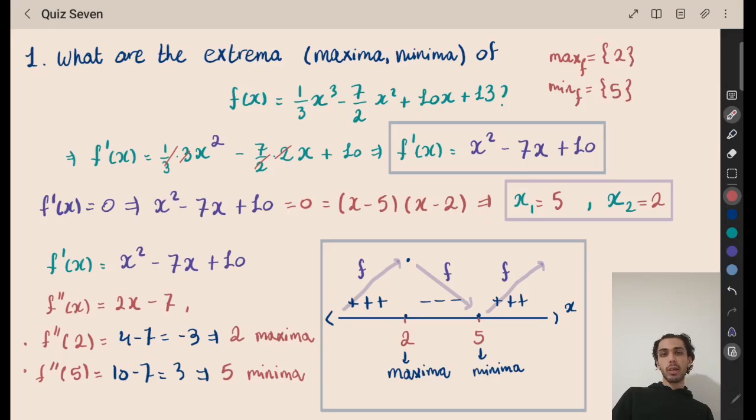But then sometimes the second derivative is easy to compute. For example, the second derivative is just a negative number, so let's say minus 2, and then you would know that all your values are just maximas, because the function, which is the second derivative, is always negative.